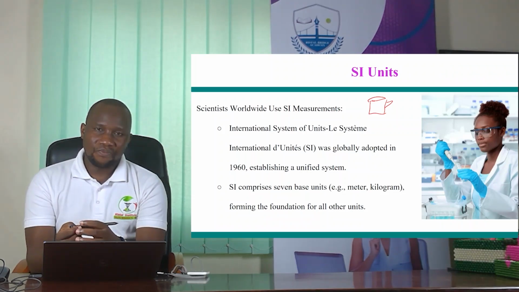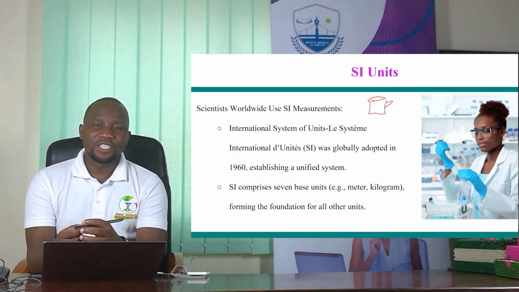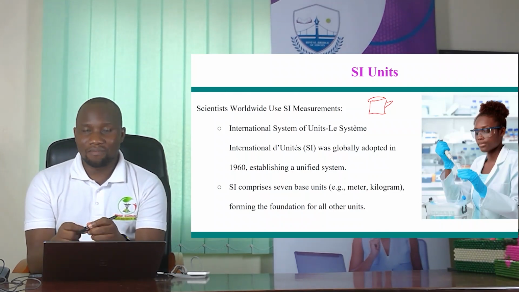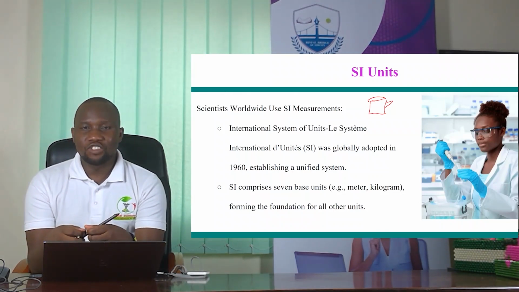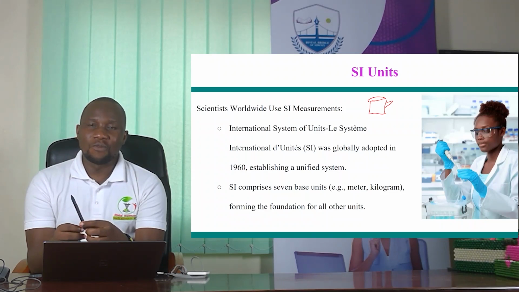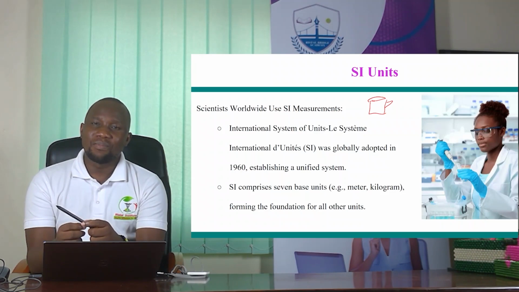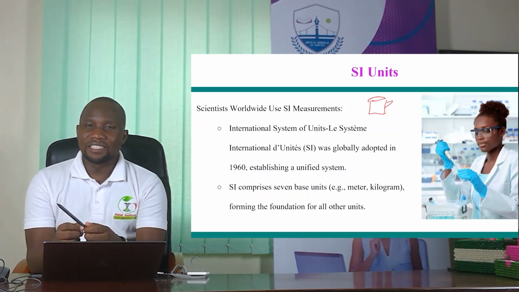So therefore, the international system of units comes in to solve that problem. Scientists need to be communicating using the same language. If it is a cup of milk, the sizes are different, then you're not going to be consistent.